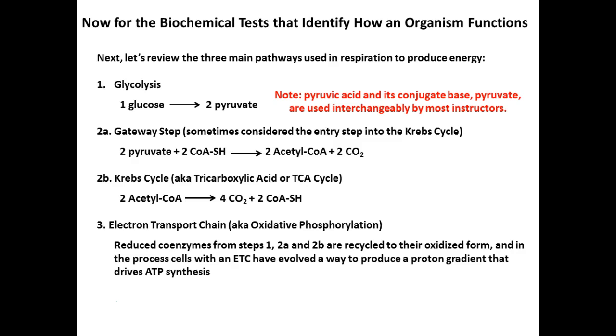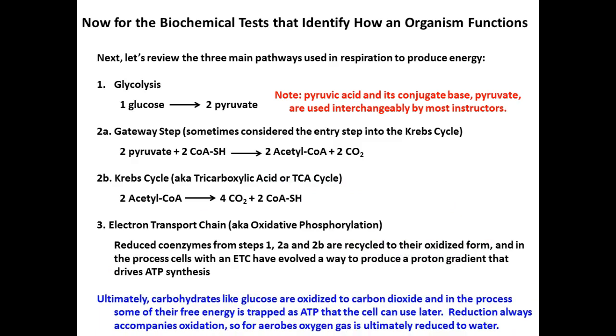And if we're talking about an aerobic organism, what's going to accept those electrons? Oxygen, right? And it forms water. So ultimately, carbohydrates like glucose are oxidized. We remove electrons from them. We're going to release carbon dioxide in that process.